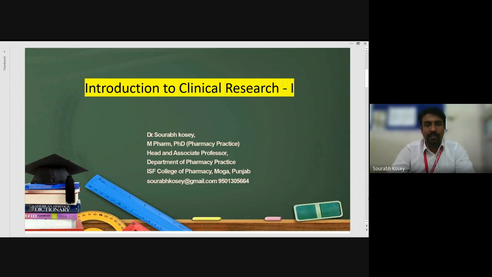Clinical research is basically one of the scientific curricula in which a specific place called a Clinical Research Organization, the new drug development takes place, where pharmacological, toxicological, dosage form designing, and various regulatory compliances take place.